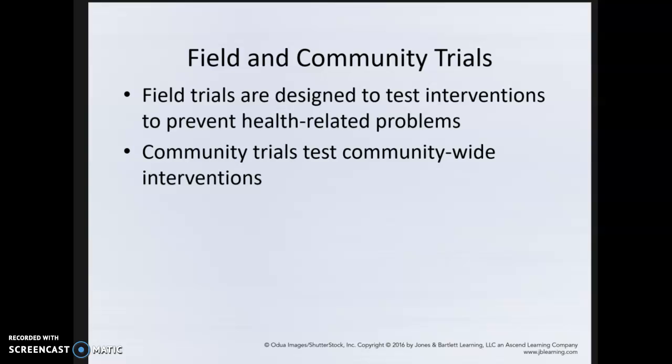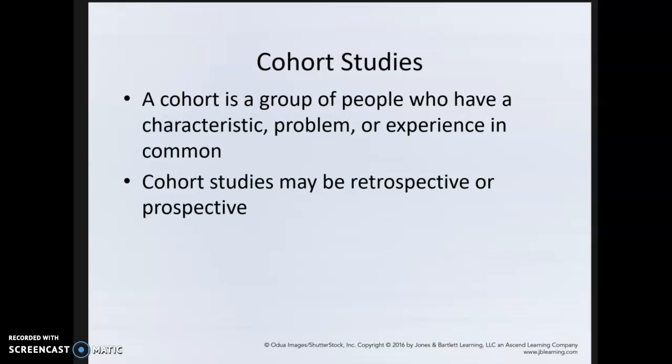So those interventions are related to community trials, whereas if we're doing field trials for a specific type of intervention, it may be like an intervention on how to stop smoking that would be examined. So those are just examples.